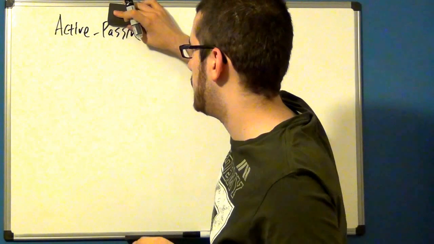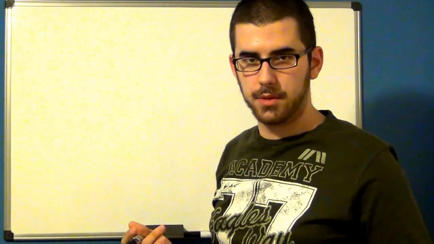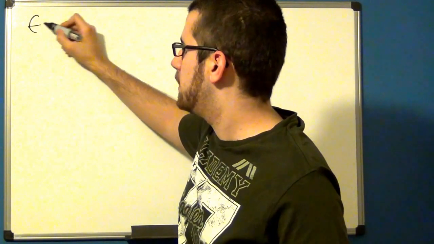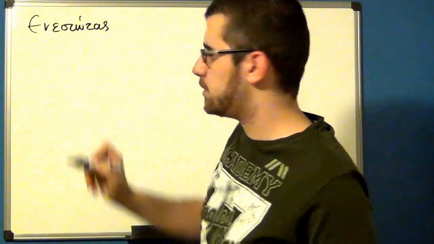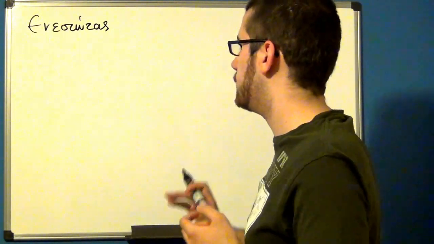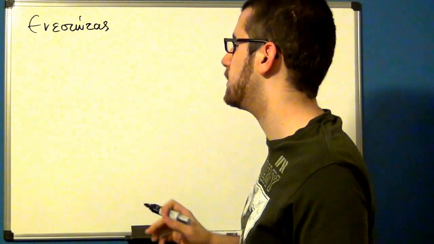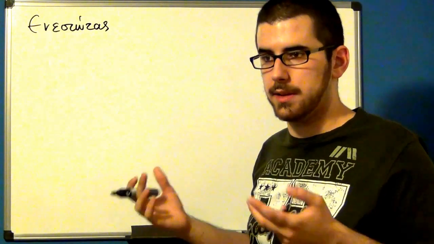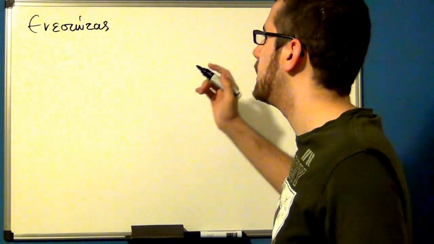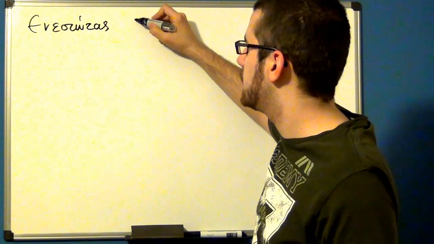Now, the tenses themselves are, well, I'll start with the most basic one. The tense is called Ενεστώτας. I'm not exactly sure about what this word is comprised of, but it literally means present, present time. It's the tense used to express that something is happening in the present.